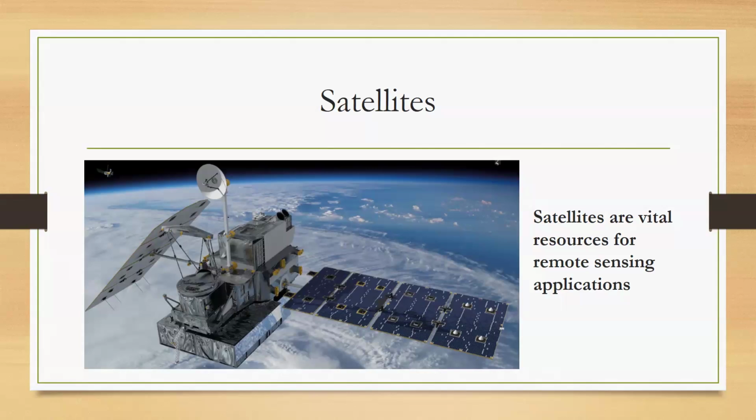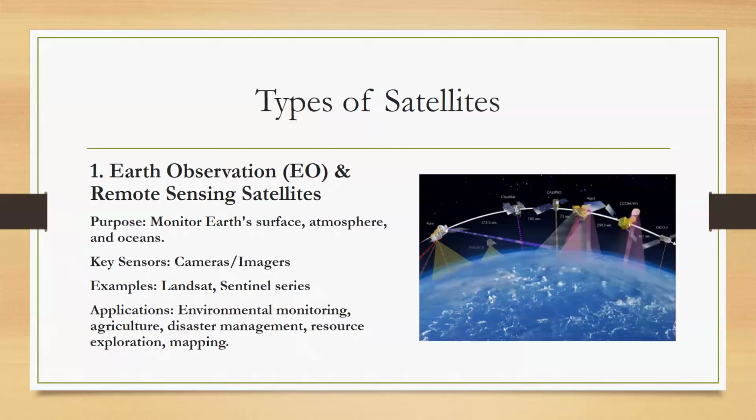Okay, so satellites. Why satellites? They are really useful. Satellites are one of the most important resources we need for remote sensing, and in these slides we're talking about the types of satellites. One type is the ones we use for Earth observation, the actual remote sensing satellites. What they do mainly is monitor the Earth's surface and sometimes the atmosphere and the oceans.